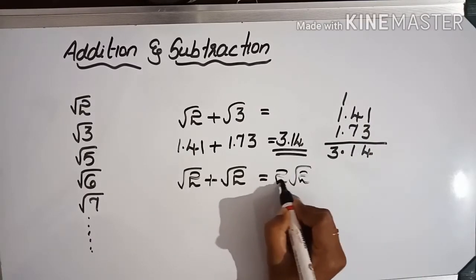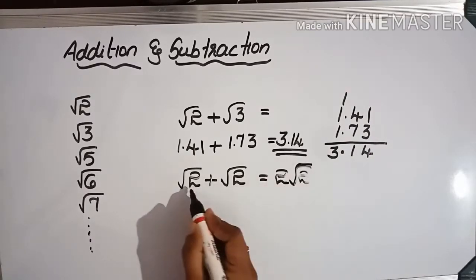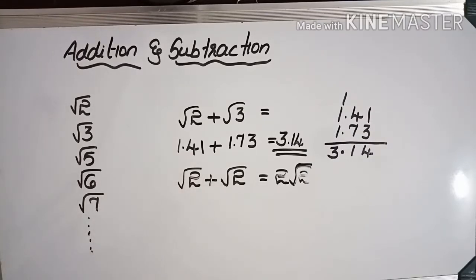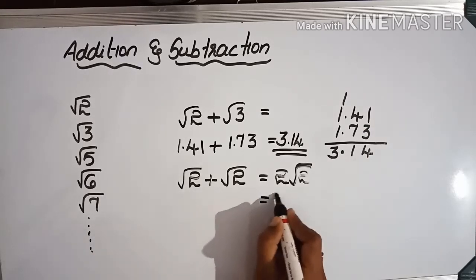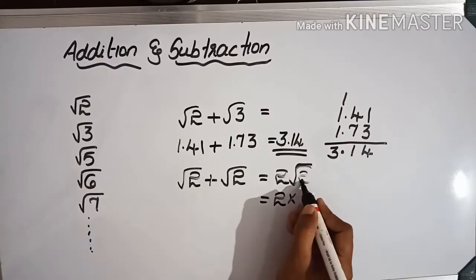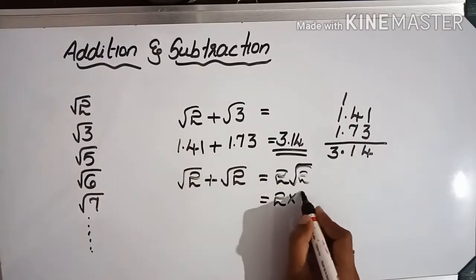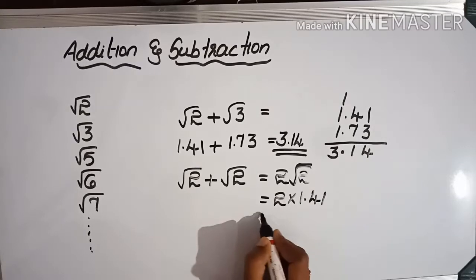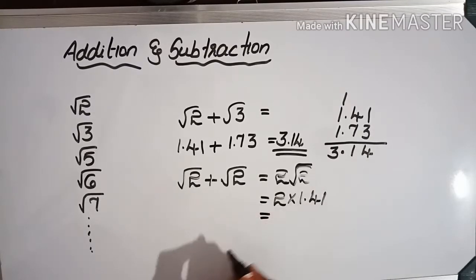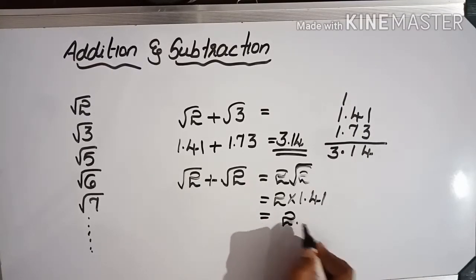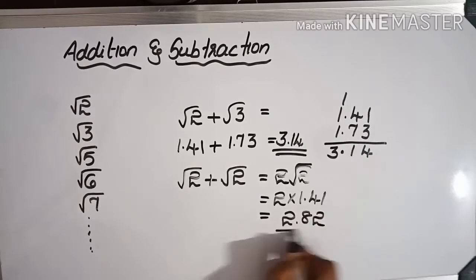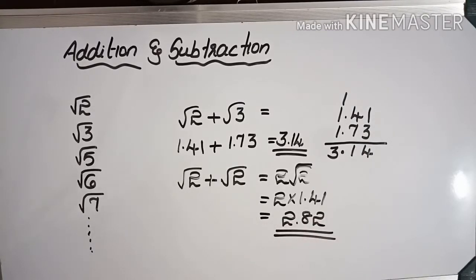Root 2 plus root 2, total is 2 root 2. Then if you want, you can simplify by using the approximate value: that is equal to 2 into root 2's value, which is 1.41. So 1.41 into 2, that is 2.82, will be the answer. Like this we can add.